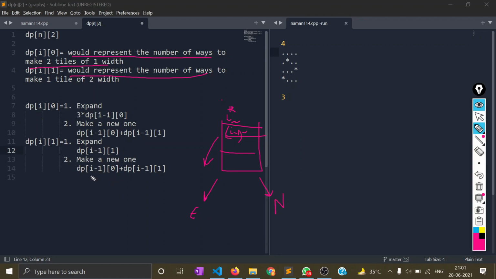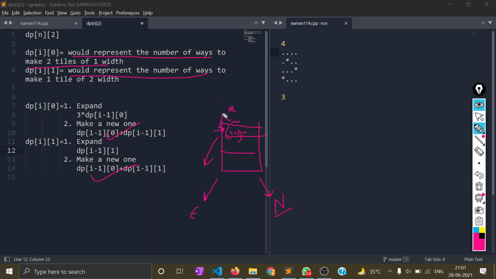Making a new one has two cases, dp[i][0] and dp[i][1], and both of these cases are exactly the same, because we don't really consider what is in the i minus one position if we make a new one. But if we expand, we are concerned about that, and hence different formulas.